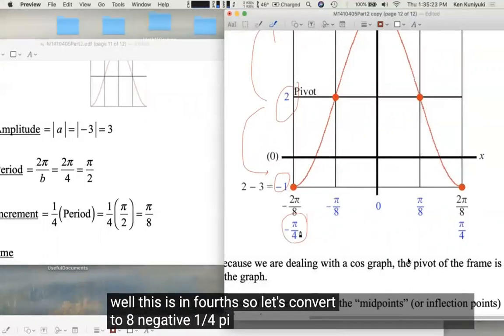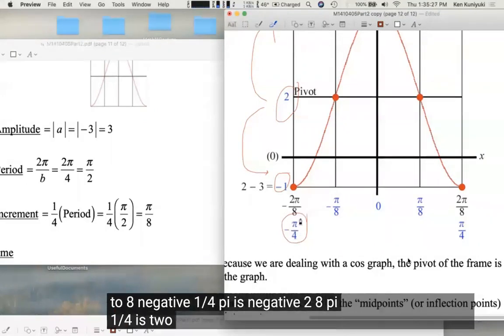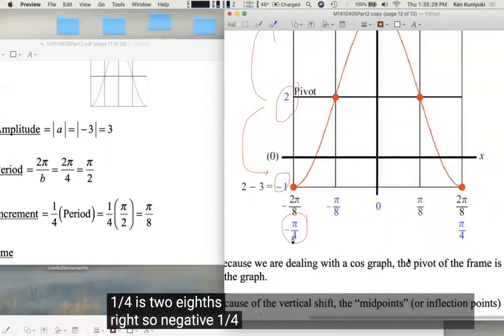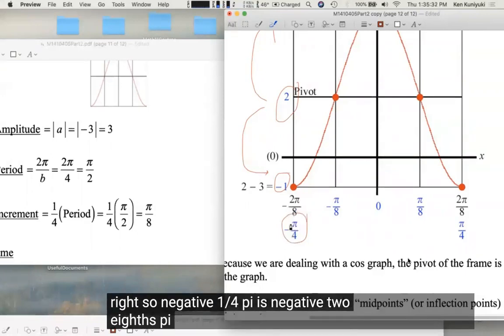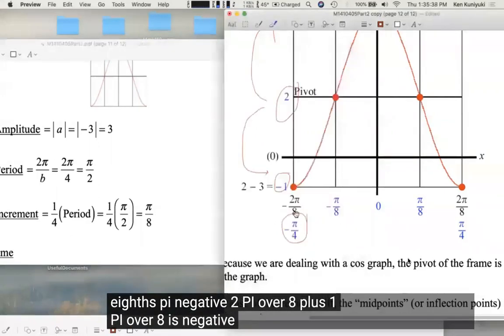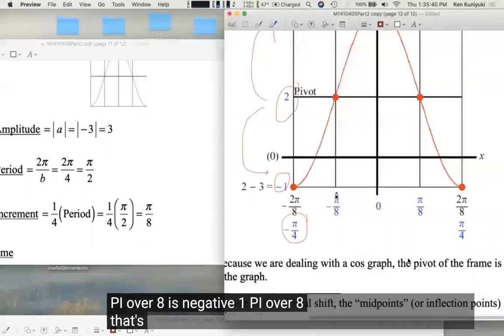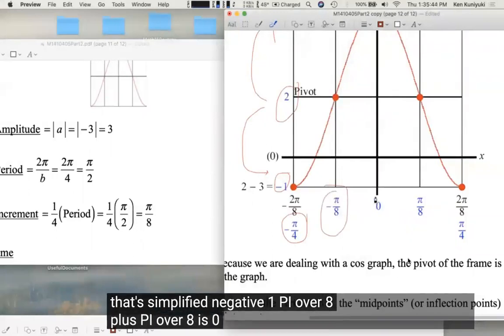Negative 1/4 pi is negative 2/8 pi. 1/4 is 2/8, right? Negative 2 pi over 8 plus 1 pi over 8 is negative 1 pi over 8. That's simplified. Negative 1 pi over 8 plus pi over 8 is 0.